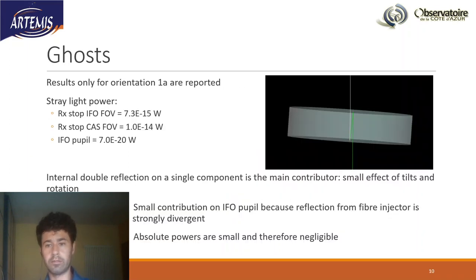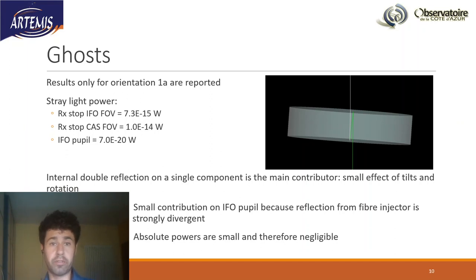The first part of the work was the analysis of ghosts. I directly reported the stray light power found, which is in every case 1 to the minus 14 at maximum.